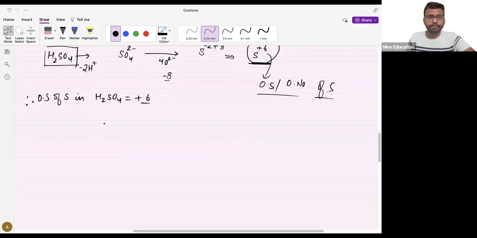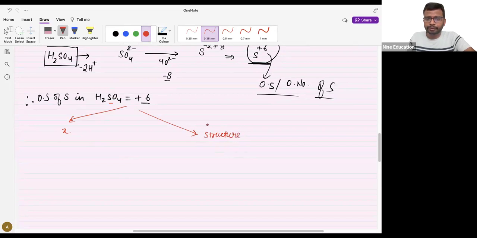You all know this? You can find this oxidation number by the X method or by writing the structure. How to find it by the X method?